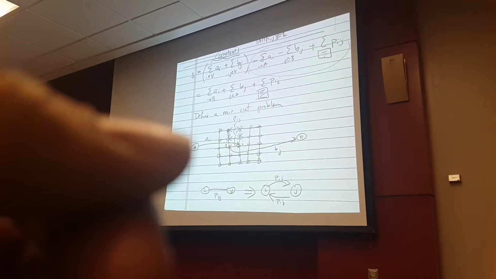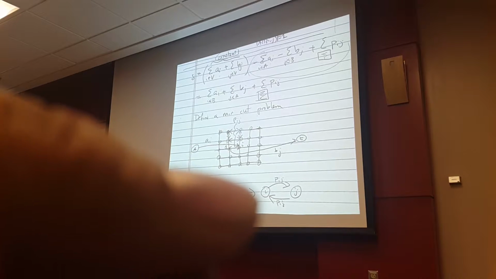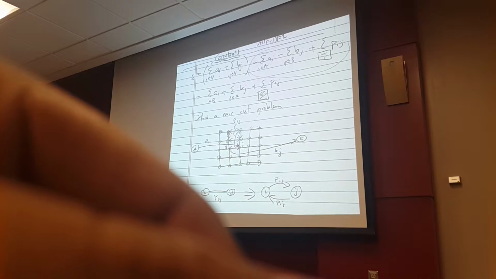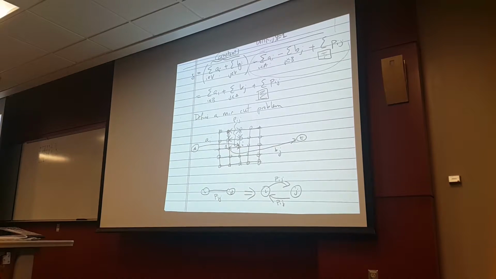For any s-t cut that I take, the capacity is going to be given by this equation. That means that minimizing the capacity of this cut is equivalent to minimizing this quantity, which is equivalent to maximizing what we originally wanted to maximize. Okay, so let's just see why, and you can find the details either in the book or in those slides that are posted.